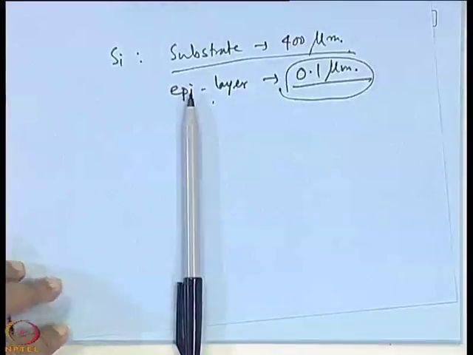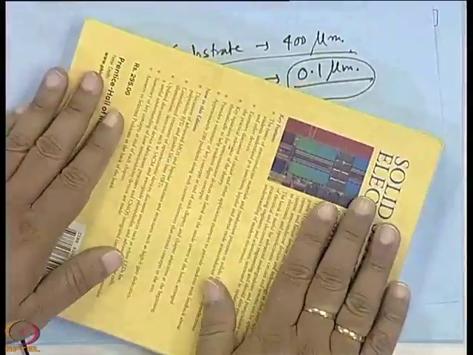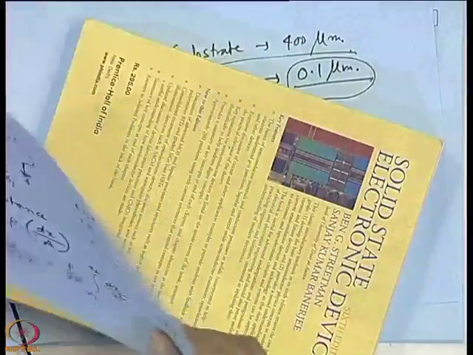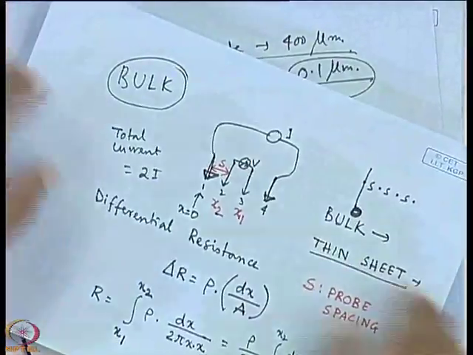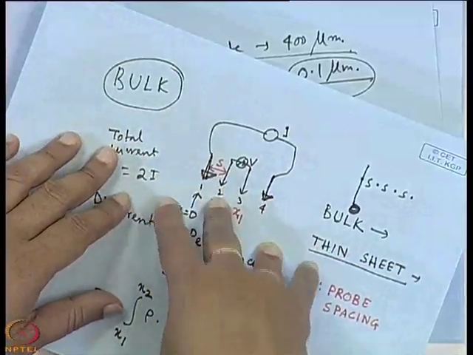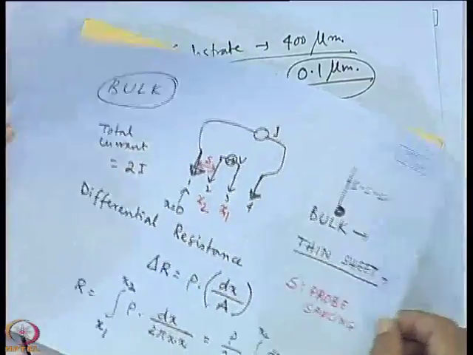Suppose this is your substrate of 400 micron and this is your layer of 0.1 micron or 1 micron. Using a 4-point probe you are measuring the characteristics of this layer only.